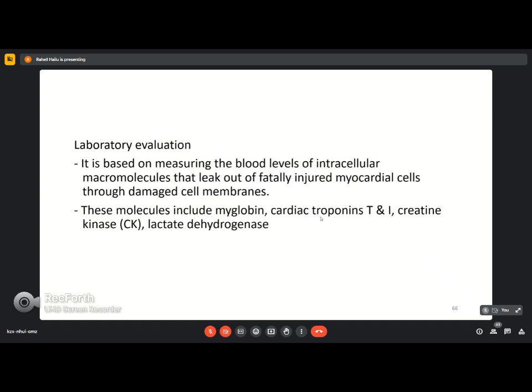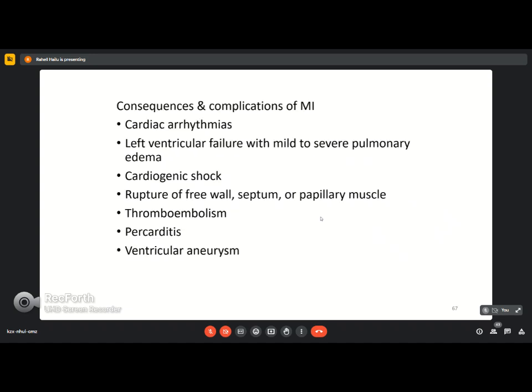So they're very important laboratory markers to evaluate myocardial infarction. And this is also how you distinguish if there is an actual myocardial infarction or it's just unstable, pre-infarct angina. If you want to make a distinction between those two, you have to do these laboratory tests. They show myocardial damage.